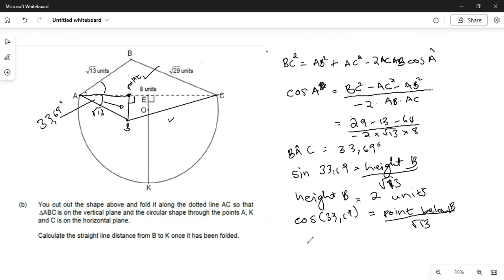And this will give us the length between the point and A as 3 units.